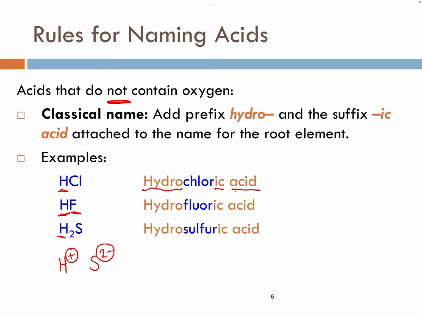So that H2S is just given by the charges. You don't have to do anything fancy in the name to show everybody that. So your name will be just the same. You'll say hydro, and then sulfur, and then ic acid. So 2 hydrogens bonded to a sulfur is hydrosulfuric acid.